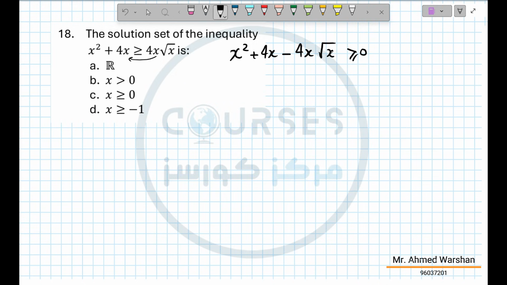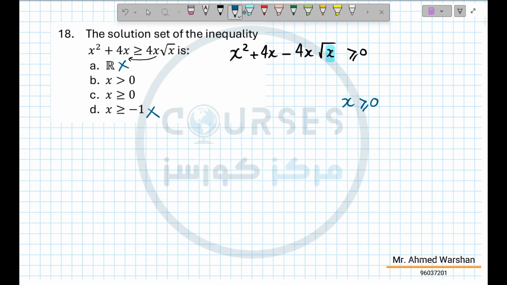So we can actually exclude some of the answers. How so? You have a square root. A square root means x must be greater than or equal to 0. So in this case, this is wrong and this is wrong. So you only have B and C left.